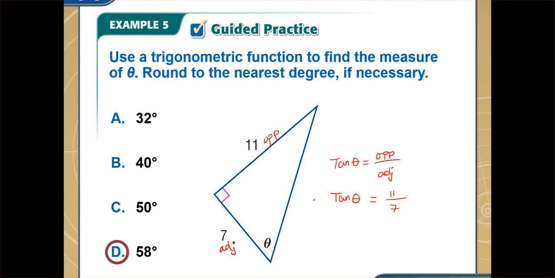On the left-hand side you will have inverse tangent of tangent of theta, which gives theta. So the angle theta will be inverse tangent of 11 over 7. Put it in your calculator, and that will give you 58 degrees.